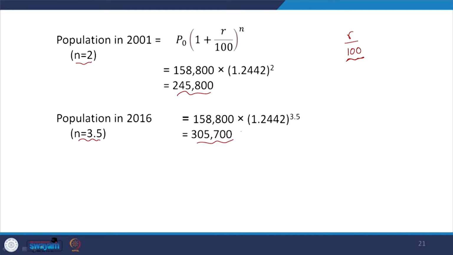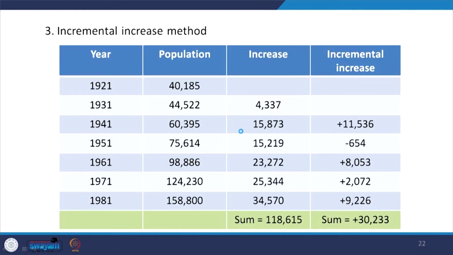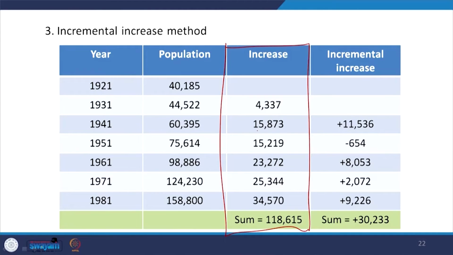Then what about the incremental increase method? So this is obviously, all this part is similar to the arithmetic increase where we had the constant increase, I guess. Yes. So as you see here, we are talking about incremental increase, as we are assuming that each decade it will increase a bit more, incremental increase. So what is the increase in increase?